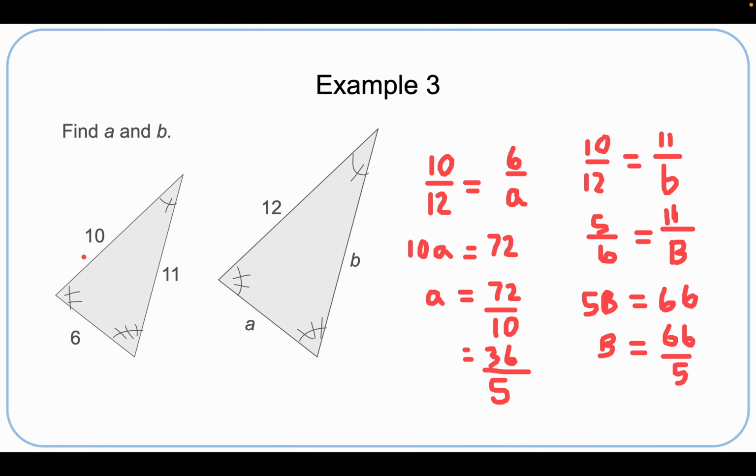If you started with this smaller triangle in your proportion, you want to use the same smaller triangle when you're making your proportion on the other side of your equation. So you want to do 10 to 12 is the same as 6 to A. Just make sure you're keeping that in order, otherwise you'll end up with a different answer.